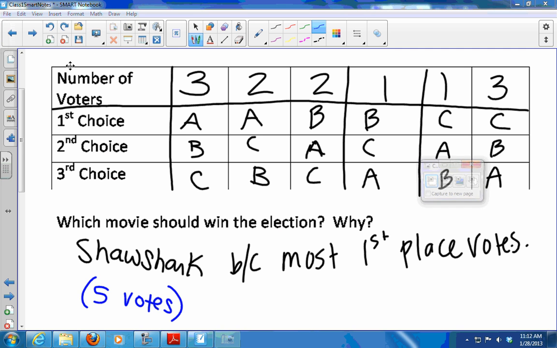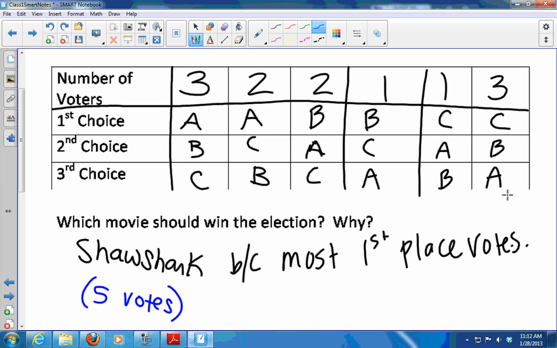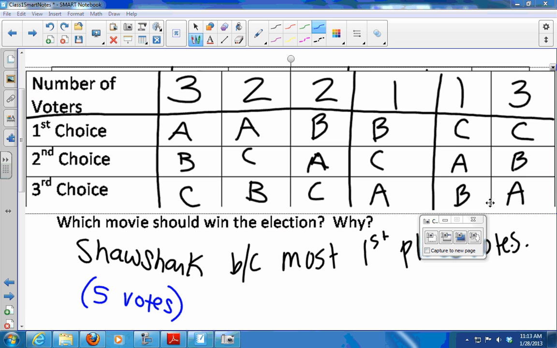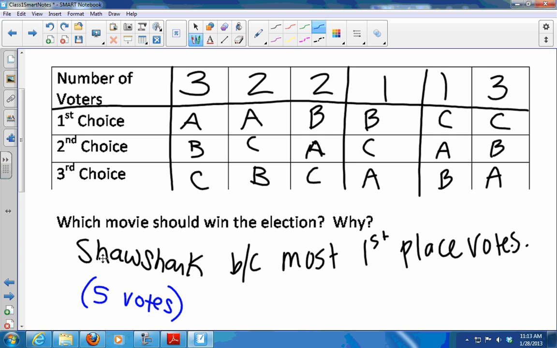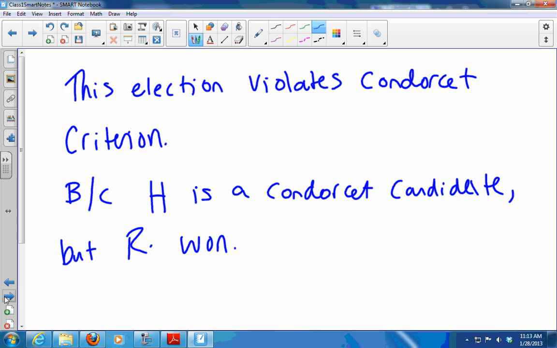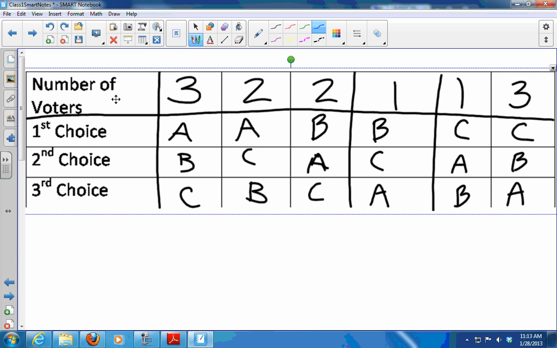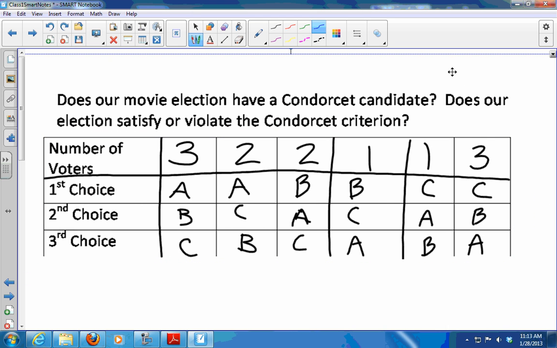I'm going to take a picture of this so we can do this on a blank page. Okay, so let's just do some matchups. Let's do A versus B.